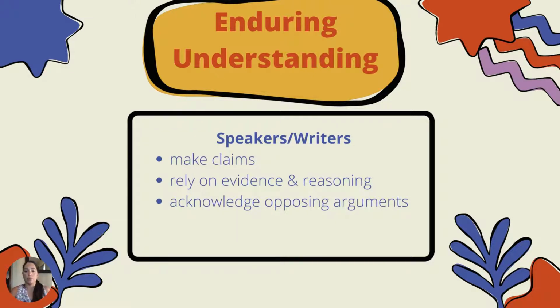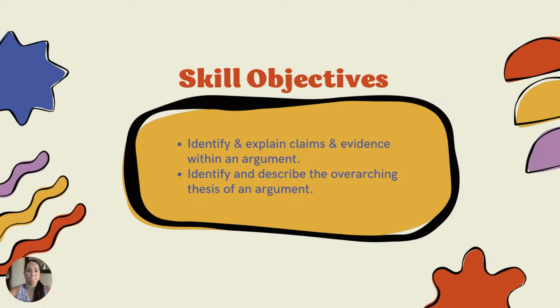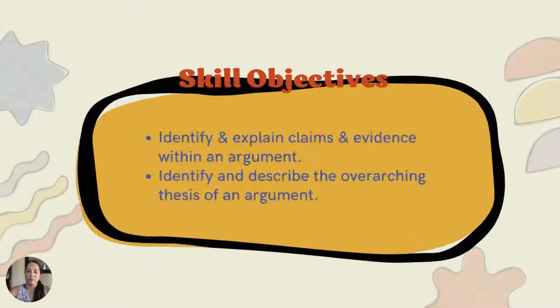Today's lesson will primarily focus on claims and evidence. We will briefly discuss reasoning, however, we will not start to dive into opposing arguments until Unit 2. With the knowledge we gain from this lesson, we will be able to identify and explain claims and evidence within an argument, and identify and describe the overarching thesis of an argument.